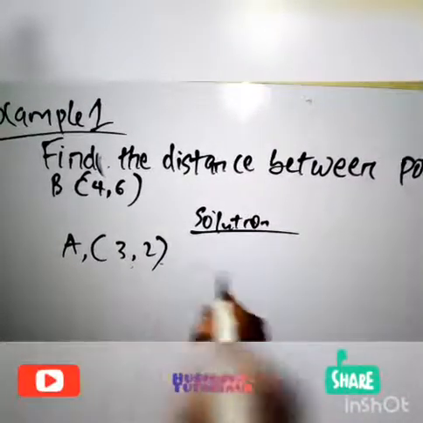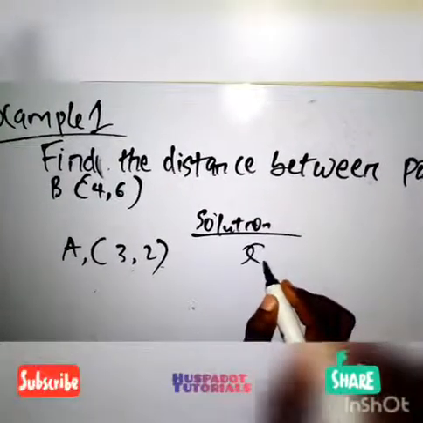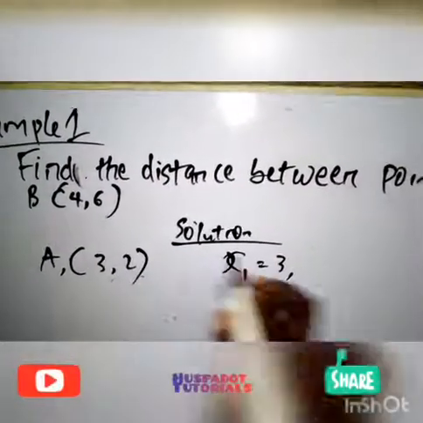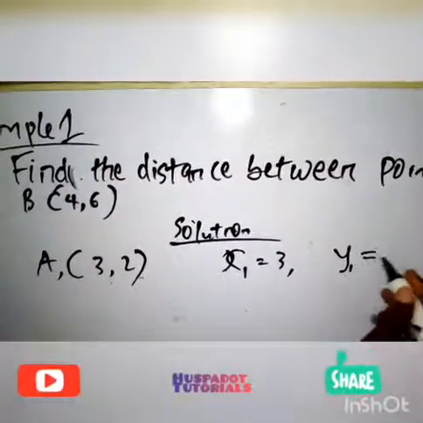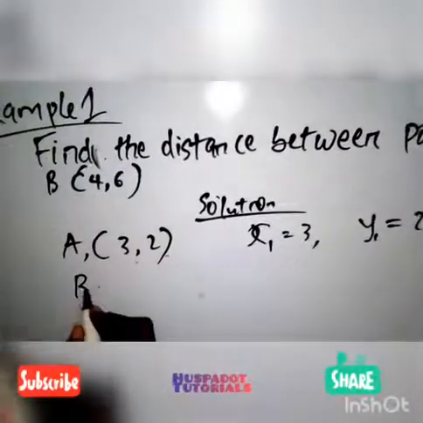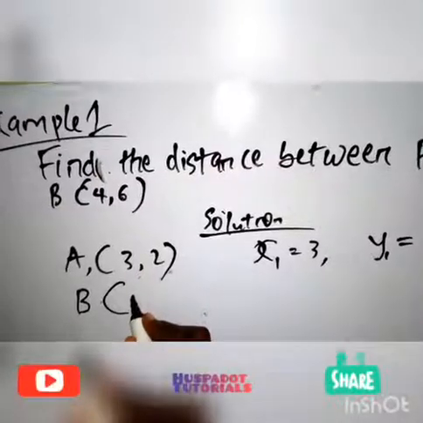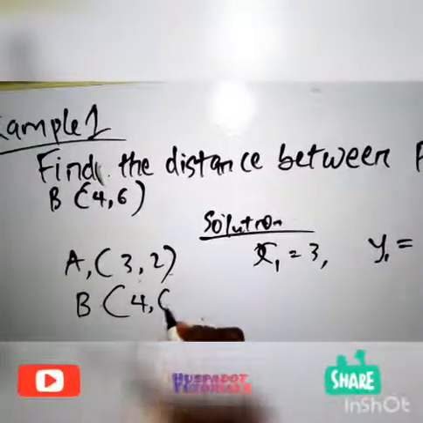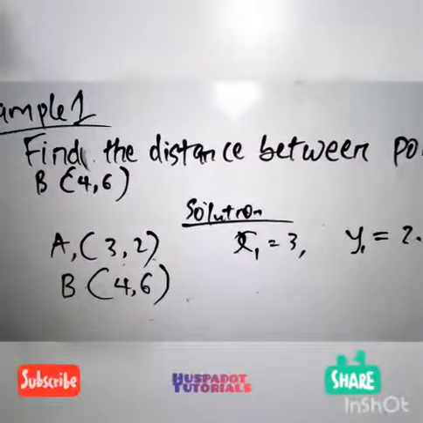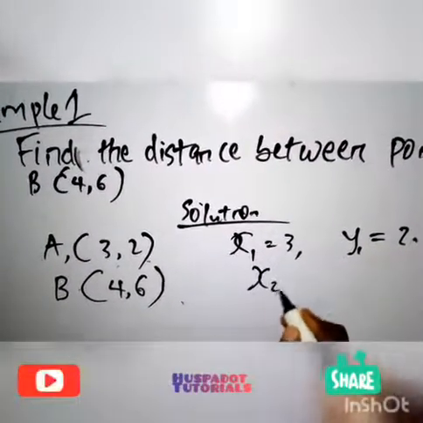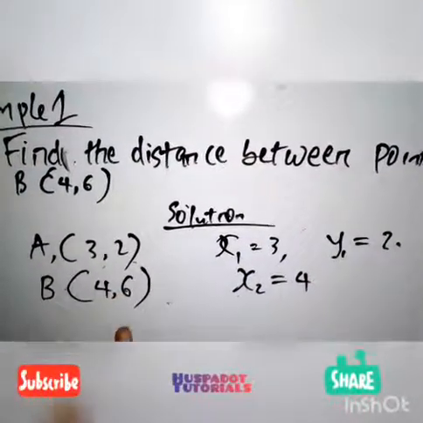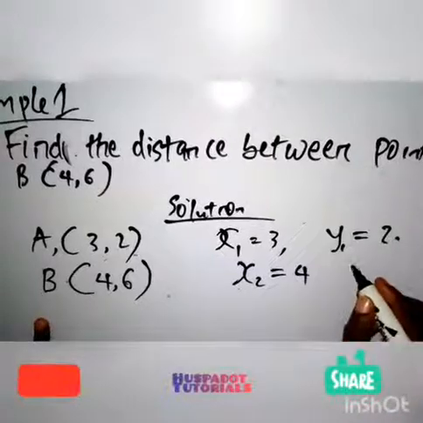So this one will actually be our x1, 3, then 2 will be our y1, then for B with point 4 and 6. 4 is the distance from the x-axis, so 4 will be our x2, and 6 is the distance from the y-axis of point B.